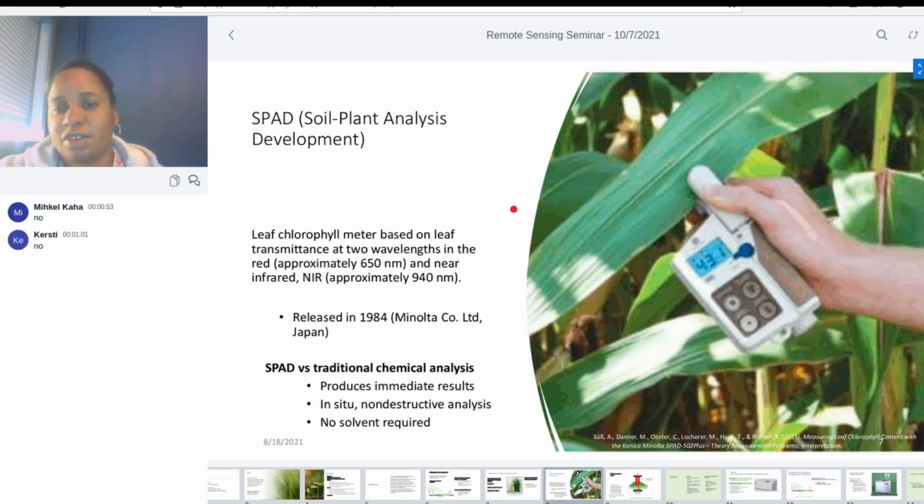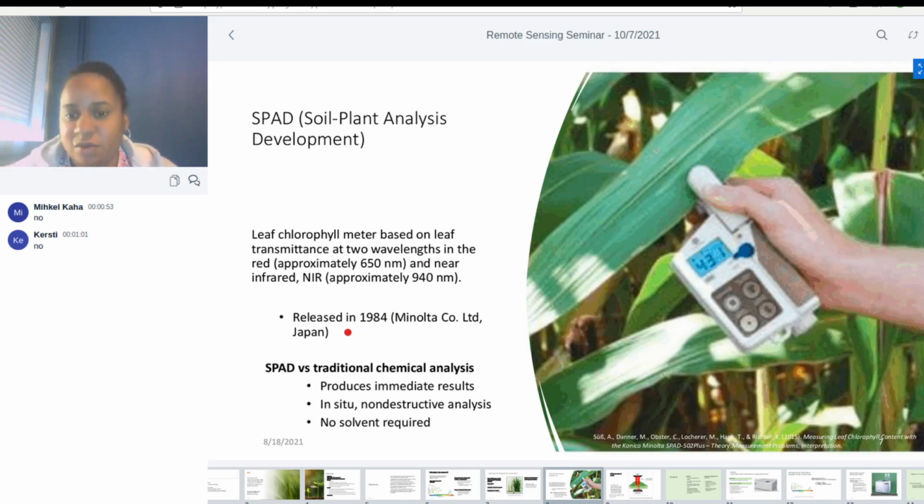In this study, we use the SPAD, which is soil plant analysis development, a leaf chlorophyll method that is based on the transmittance obtained in the red area of the spectrum and also in the infrared area of the spectrum.